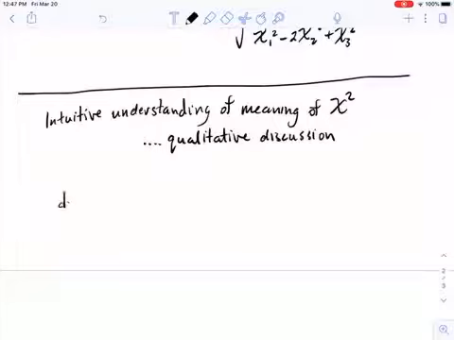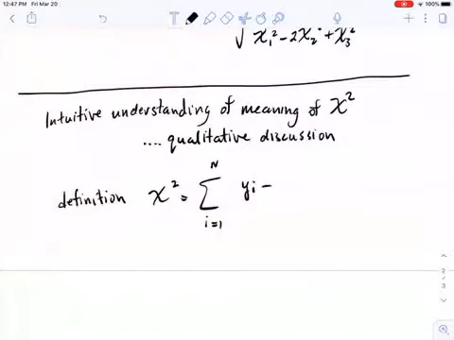So the definition of chi-squared, and this is something we've used a lot recently, is that it's the sum of the square of the deviations: the ith measured value of y, minus the calculated value of y from the model when x is equal to xi, divided by the uncertainty, and then squared, and then you add them all up.